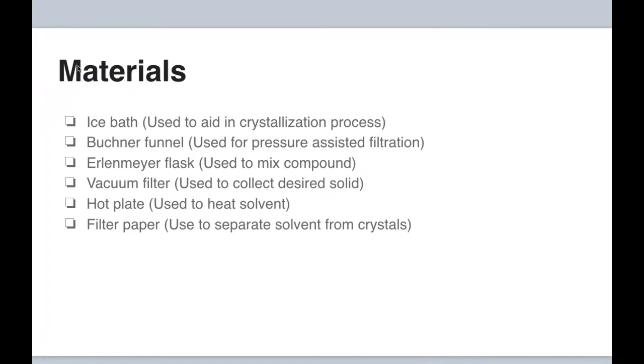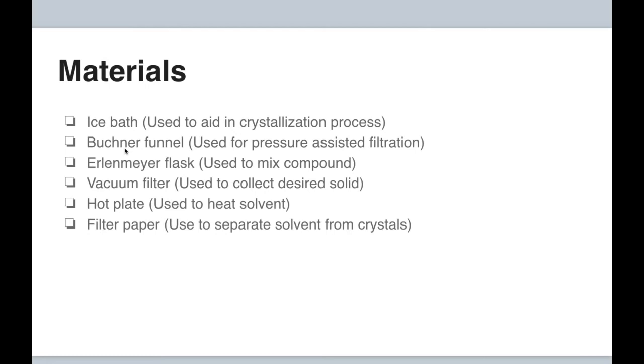These are some of the general materials that will be used in this experiment. We have the ice bath, which is used to aid in the crystallization process because the ice bath helps promote better and bigger crystal growth. We have the Buchner funnel, used for pressure-assisted filtration.